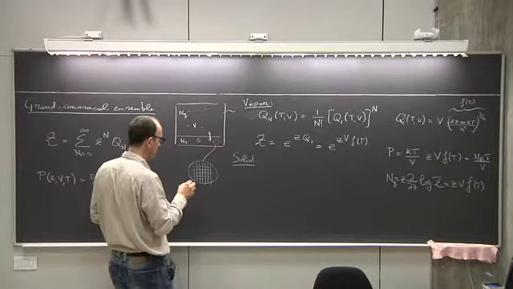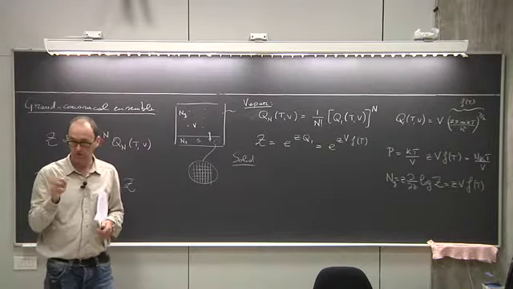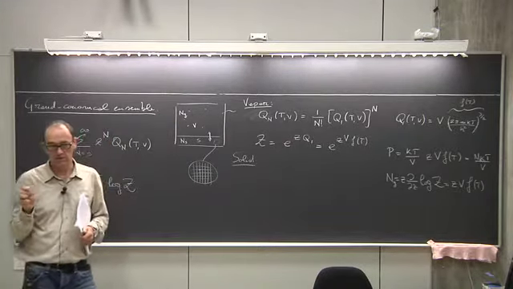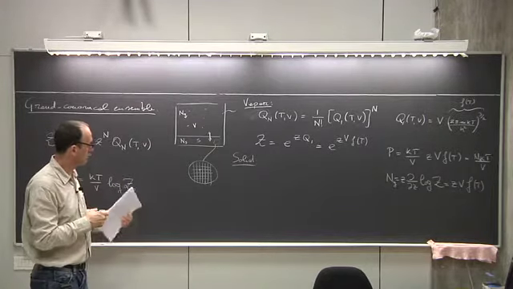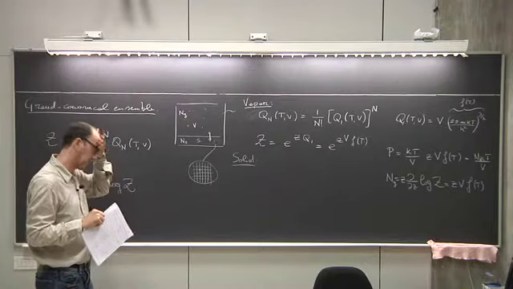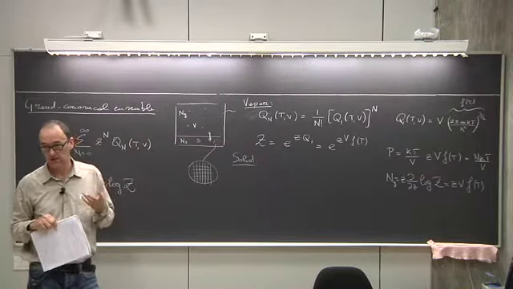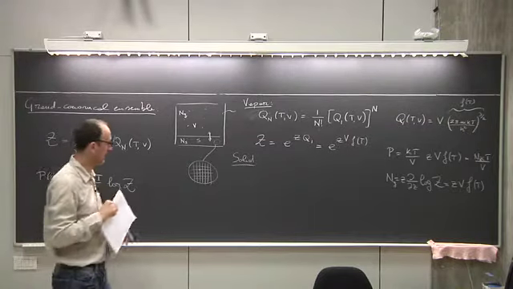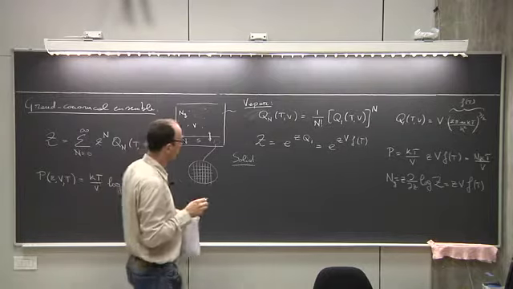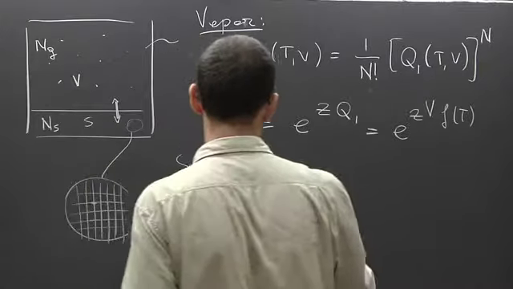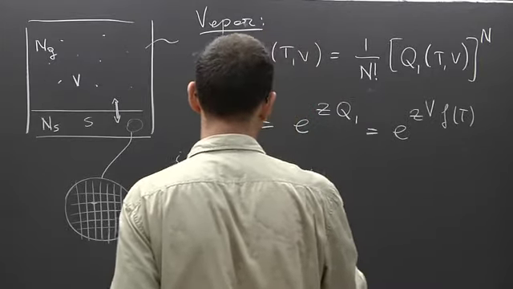And what these atoms do is make small harmonic fluctuations around their equilibrium position. So we model this solid as a system of classical harmonic oscillators.